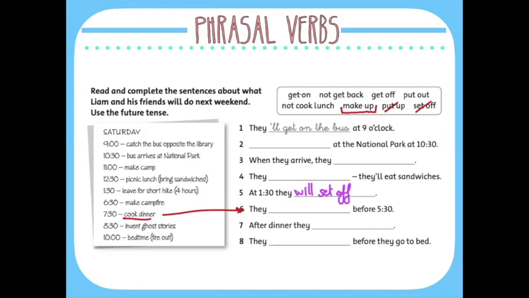They will make up dinner before 5:30. I don't understand you. Can you repeat the sentence, please? They will make up. Make up is inventar. So, who can help him? ¿Quién le puede ayudar?